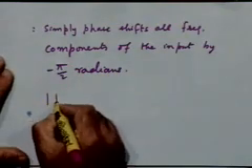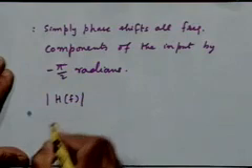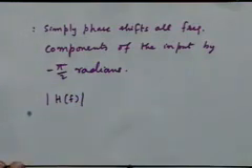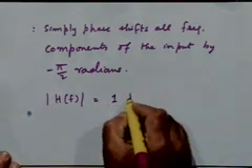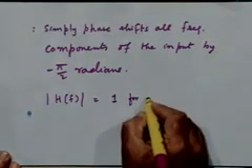So if you were to look at the magnitude characteristics of this filter, what will it be? It's equal to 1 for all f.